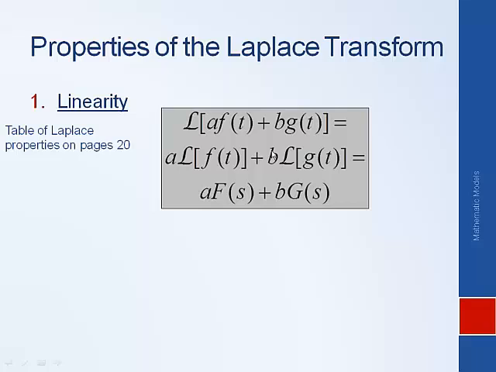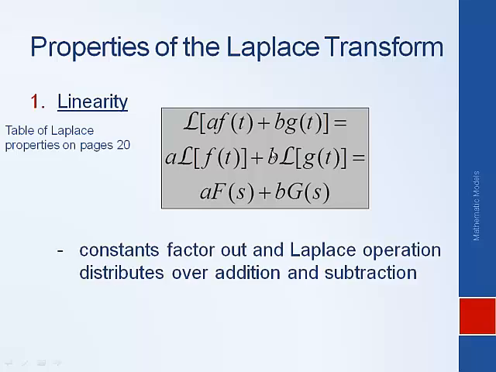So the first property is linearity. The Laplace transform has the property of linearity, and that means that you can split the Laplace transform over addition and subtraction, and if you have constants, you can factor those constants out front of the Laplace transform. And that's what we've done here. We've split it over the addition, so the Laplace transform of f plus g is the same as F of s plus G of s.